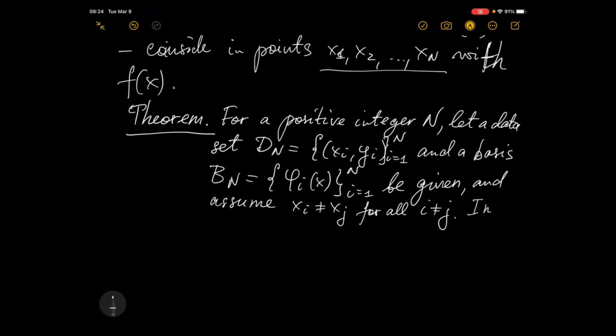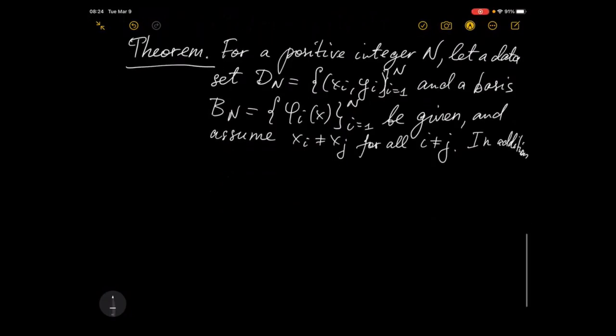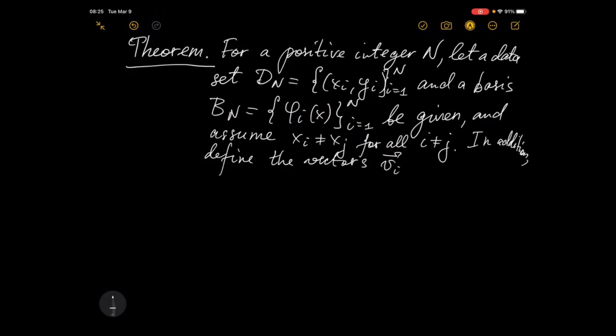In addition, let us define the vectors vi by vi is phi_i(x1), phi_i(x2), ..., phi_i(xn).